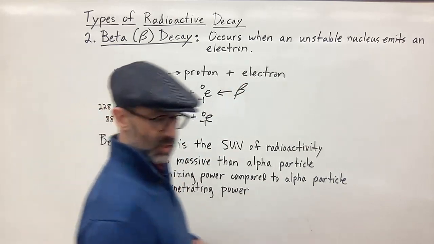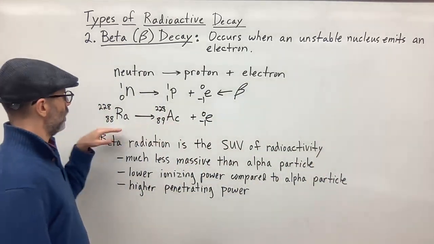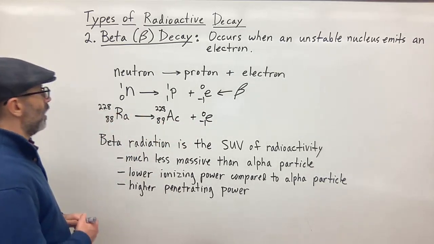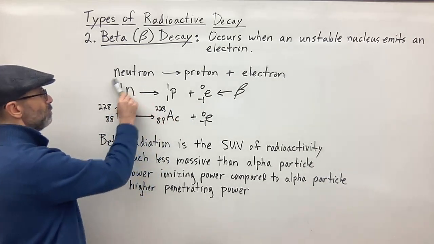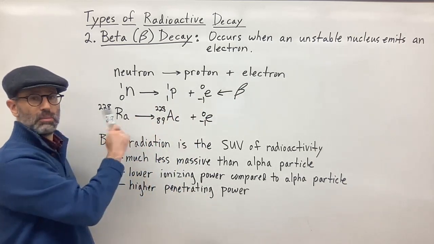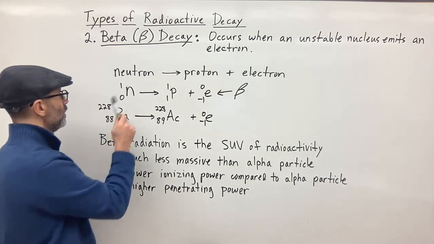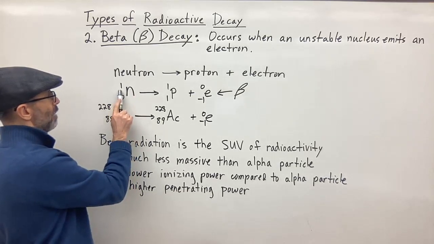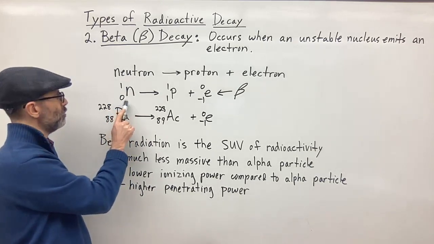So let me specify this a little bit more. So here we have our example of a nuclear reaction. Let me start with this part here. If we symbolize the neutron, the proton, and the electron using the symbols that I showed you in my last video, here we have the neutron with a mass number of 1 and an atomic number of 0.